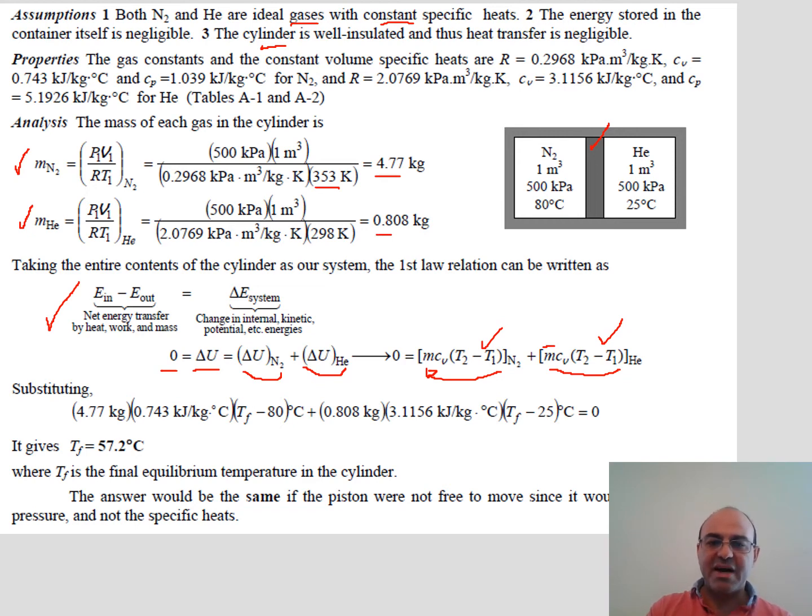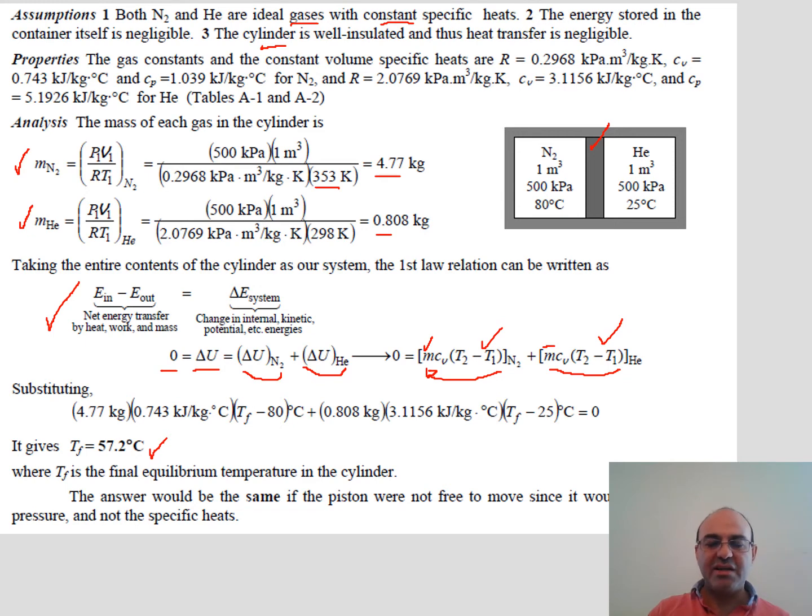Then we plug the masses into the first law, this equation here, and if we rearrange, we can find the final temperature, which is 52.7 degrees C. This is the temperature of the cylinder, the temperature of helium and nitrogen, both the same.